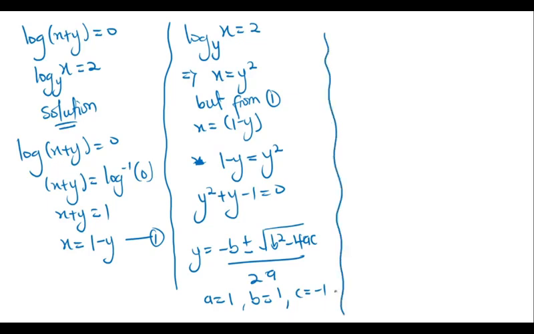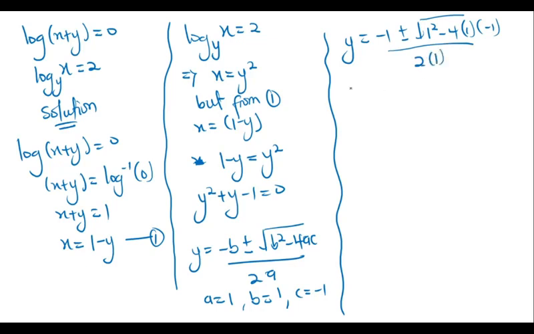So if we substitute all these variables inside, we are going to get y is equal to negative b, which is negative 1, plus or minus root of b squared, so 1 squared, minus 4 times a, which is 1, times c, which is negative 1, all over 2a.